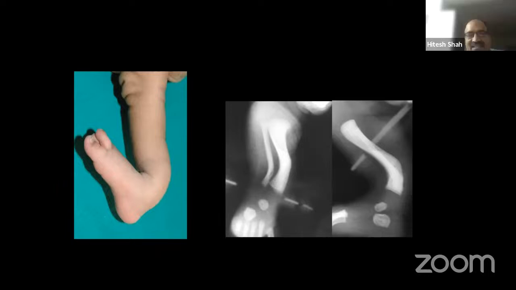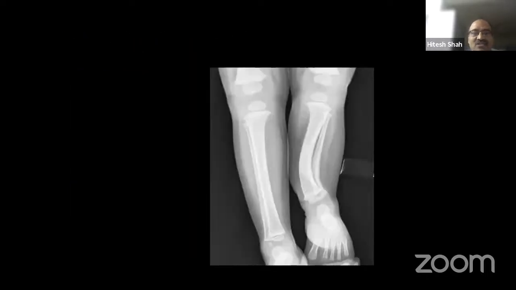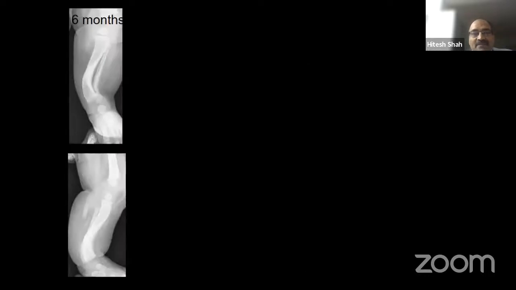Okay, a very important message: most of the deformity gets resolved over a period of time, but the big issue is shortening. Limb length discrepancy would be the big issue here. So if the diagnosis is posteromedial bowing, in the same child after 5 years you can see the difference. The deformity gets corrected, but there is a remarkable limb length discrepancy, a difference between the left and right side.